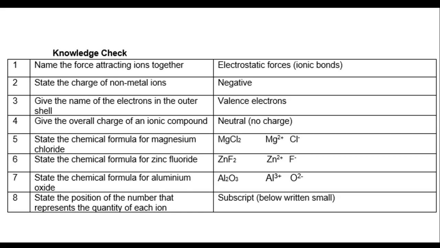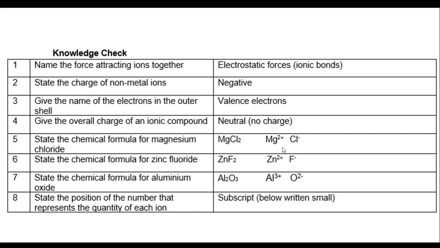So the same as an atom, an ionic compound where a positive ion and a negative ion come together, metal and non-metal, forms an ionic compound with no charge. Therefore, the chemical formula for magnesium chloride is MgCl2.